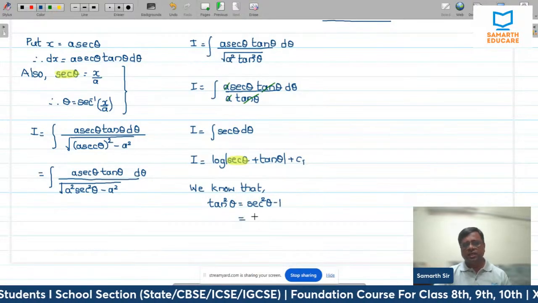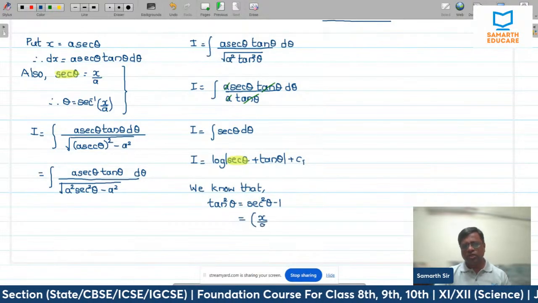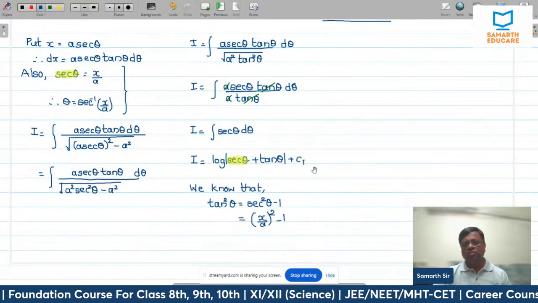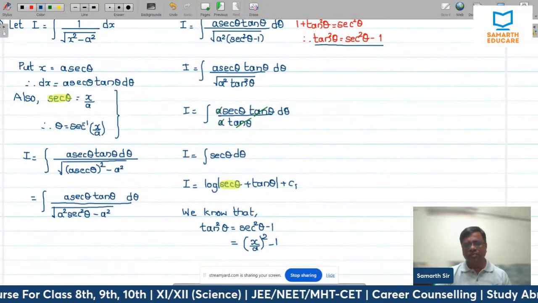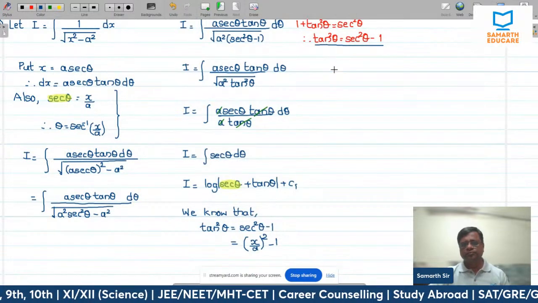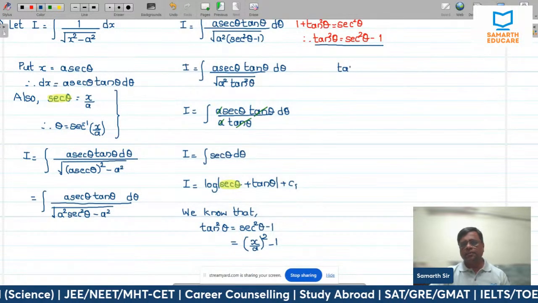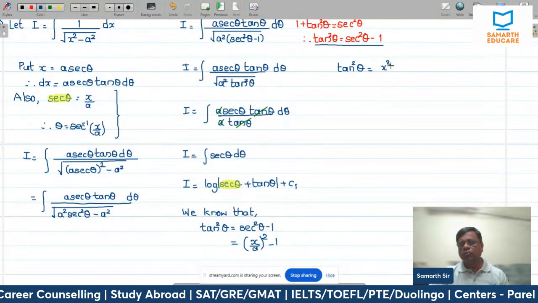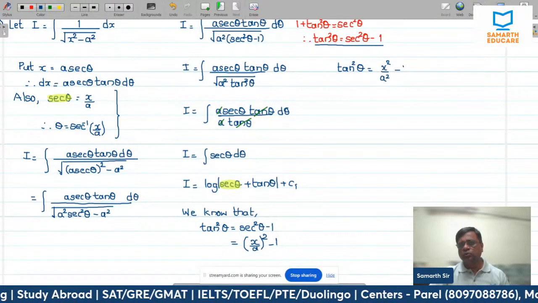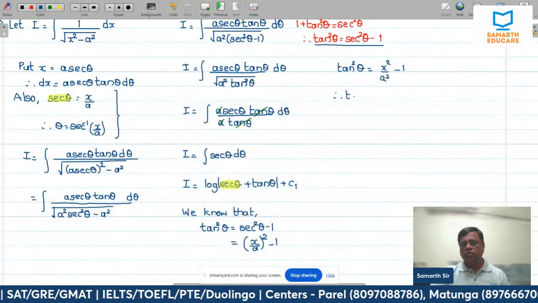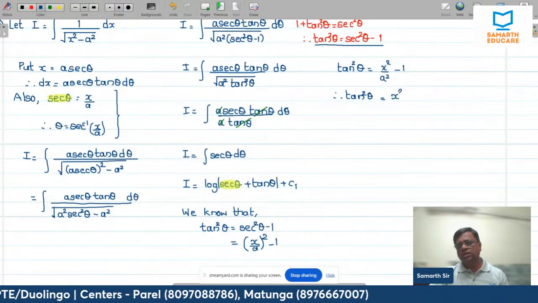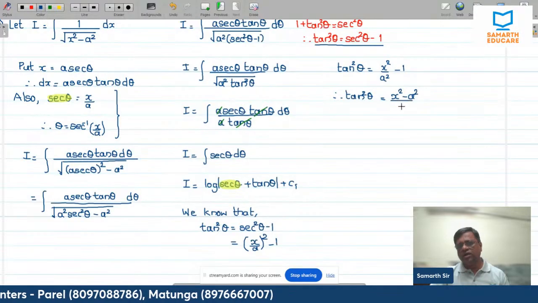That means sec theta का जो वैल्यू है, x upon a whole square minus 1. Okay, now coming back here, मैं यहाँ लिख देता हूँ tan square theta becomes x square upon a square minus 1. That means tan square theta is x square minus a square divided by a square.